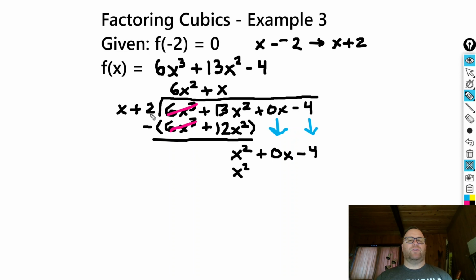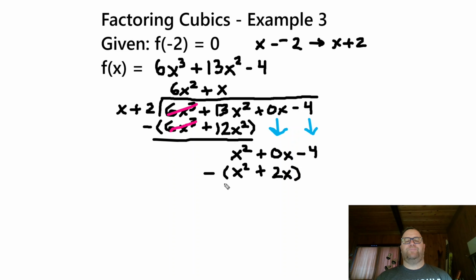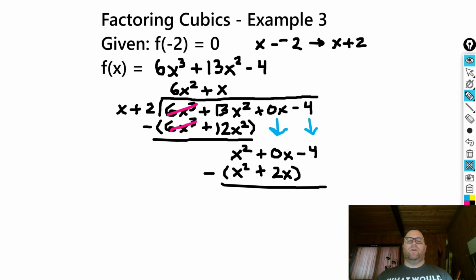X times 2 is plus 2x. Okay. So x squared minus x squared, these will cancel. And then 0 minus 2x is a minus 2x here. I'm going to bring down the minus 4.